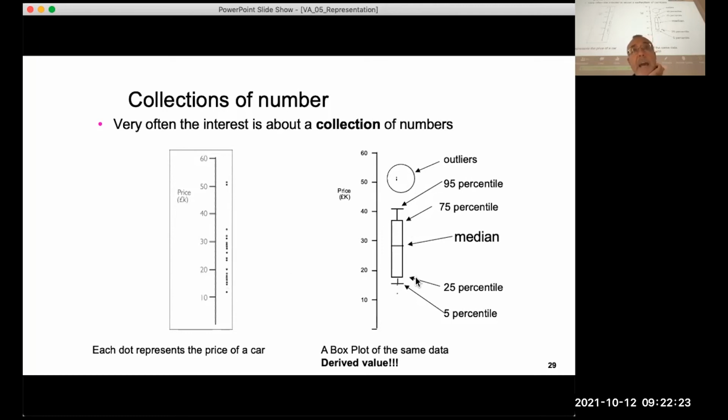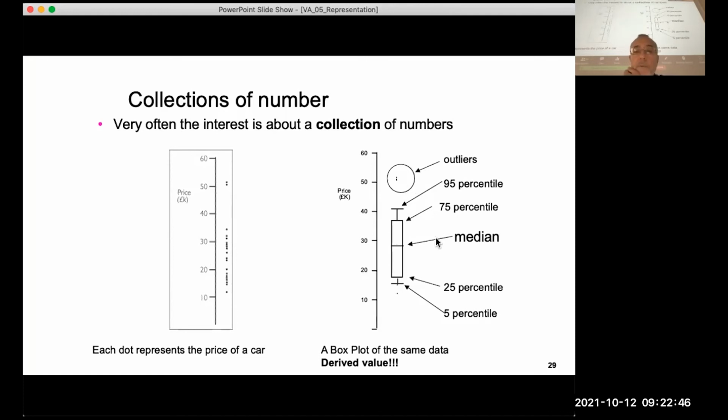Here you are deriving new data. This is an important point. Very often in visualization, there is not only the original data. There are new numbers, new values. This median here, that is about, let's say, 29, is not the value of this data set. It's something that is computed.